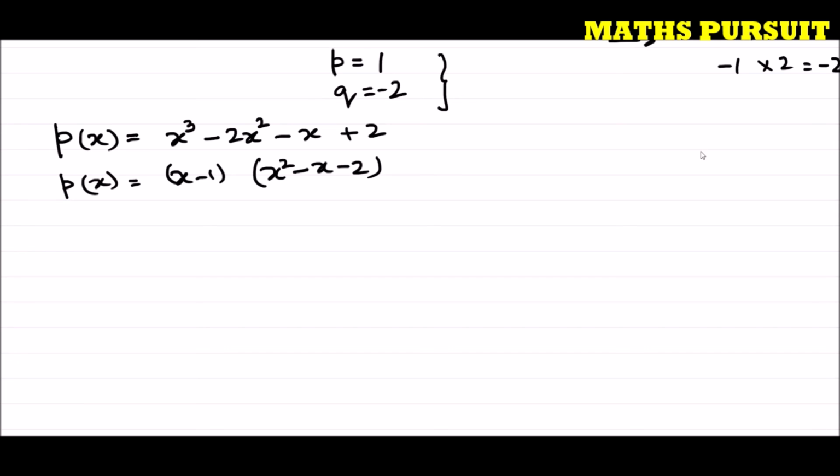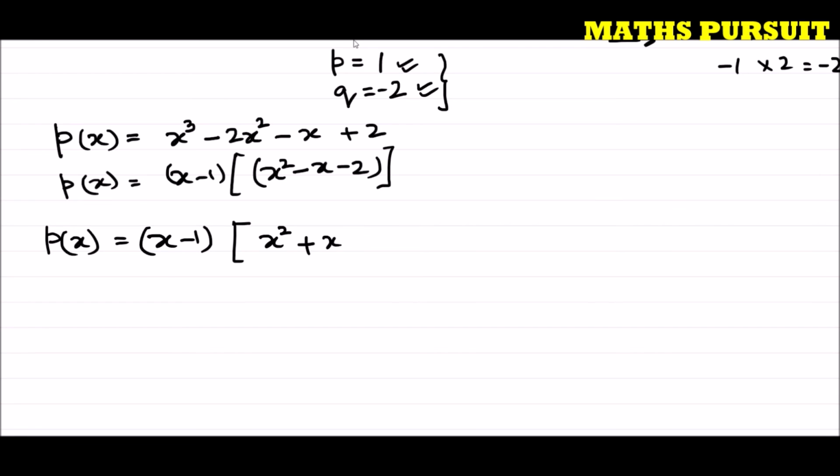Now you could see that I can write the polynomial as x minus 1 into, let me put it here a bigger bracket, x to the power 2 plus x minus 2x minus 2, because we got plus 1 and we got minus 2. So I will simply take plus x and minus 2x.